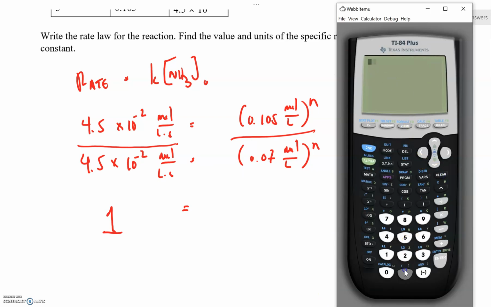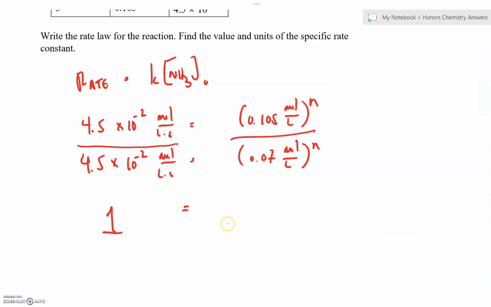So we're going to say 0.105 divided by 0.07, and we get 1.5 raised to the n is equal to 1.